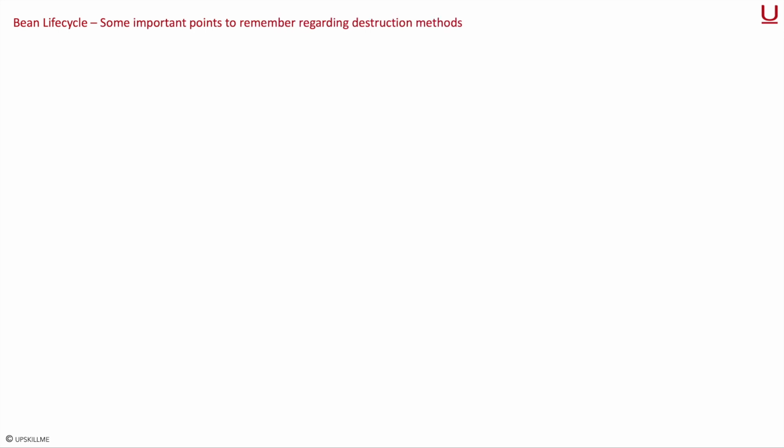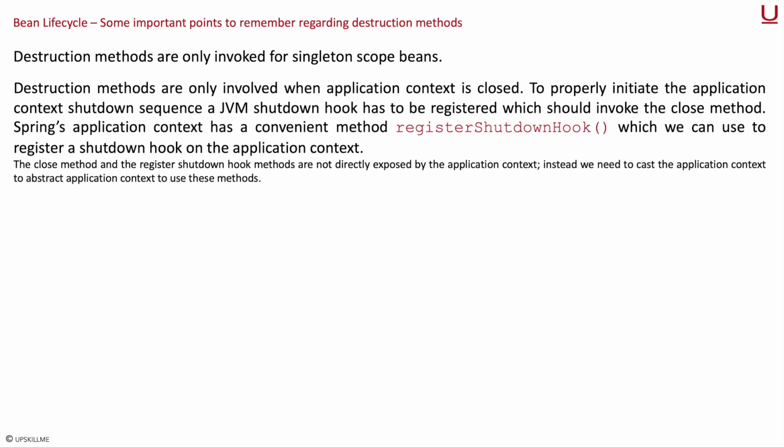Some important points to remember regarding destruction methods. Number 1. Destruction methods are only invoked for singleton scope beans. Number 2. Destruction methods are only invoked when the application context is closed. To properly initiate the application context shutdown sequence, a JVM shutdown hook has to be registered, which should invoke the close method.